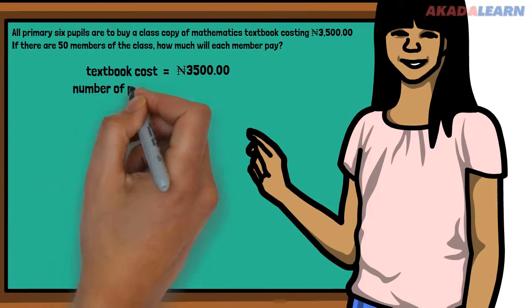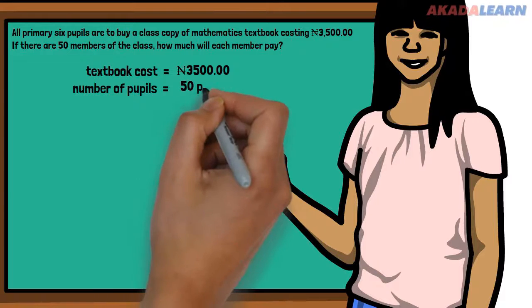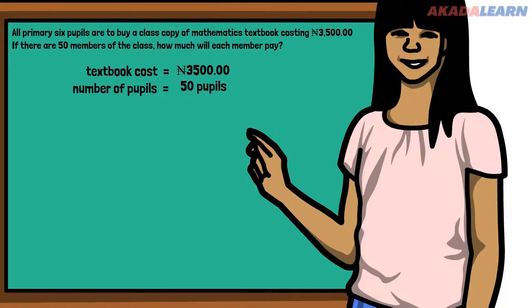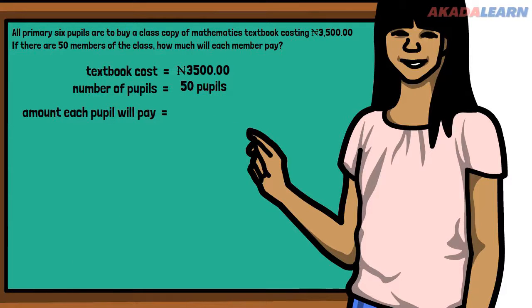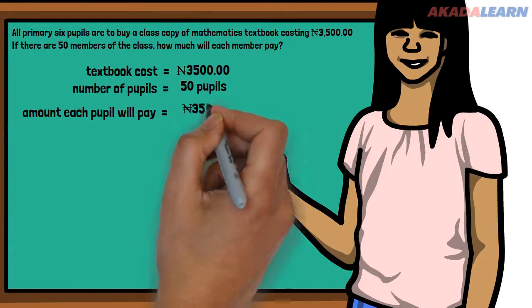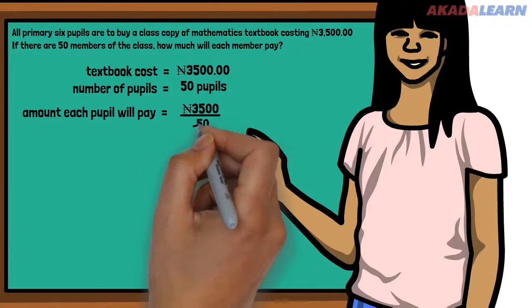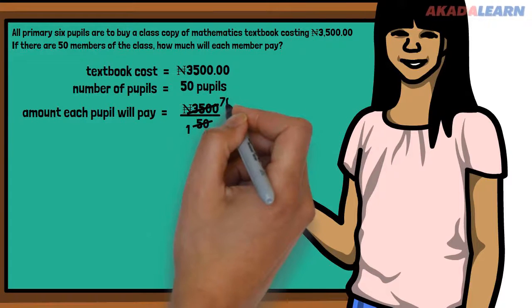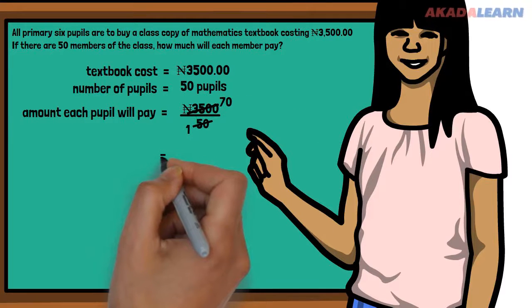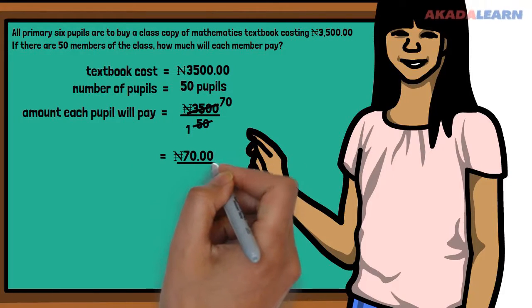Number of pupils will be equal to 50 pupils. So the amount each pupil will pay will be 3,500 naira over 50. 3,500 divided by 50 is 70, which is equal to 70 naira, which is your final answer.